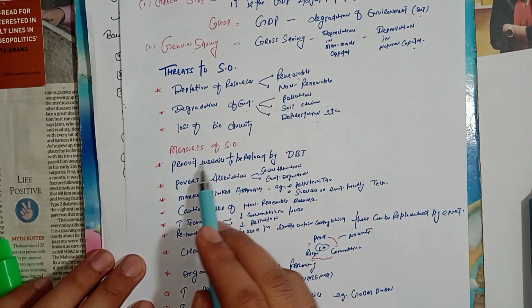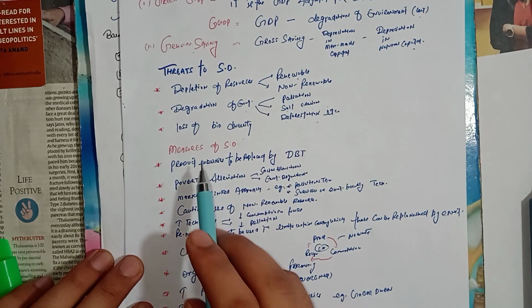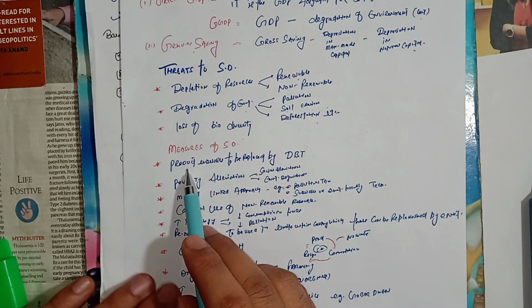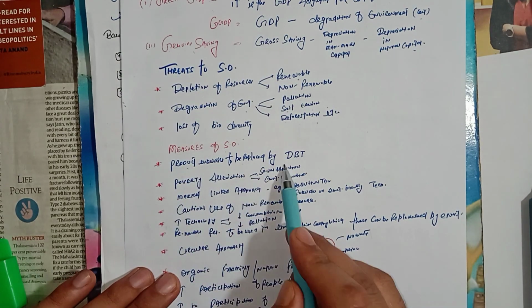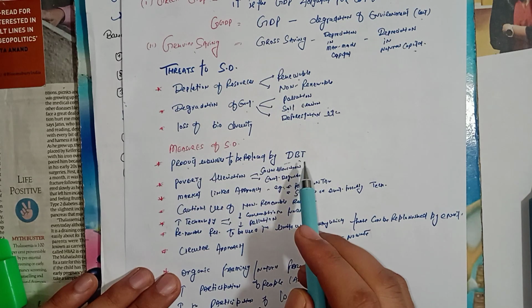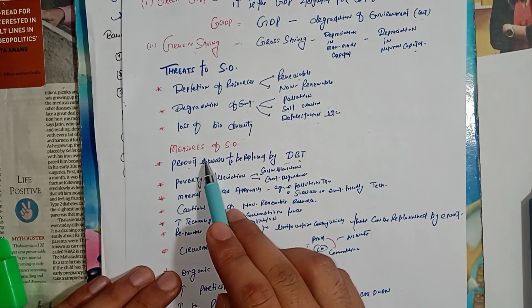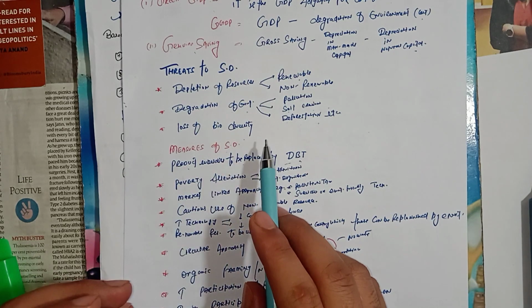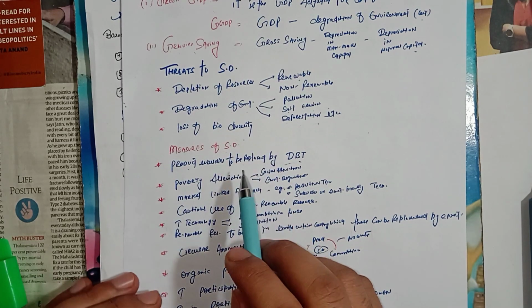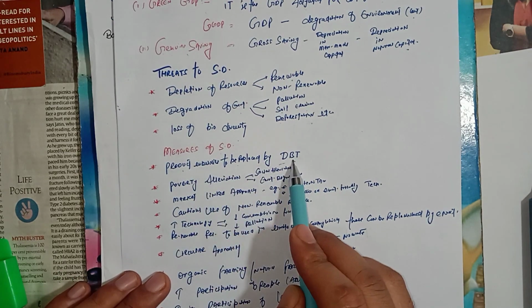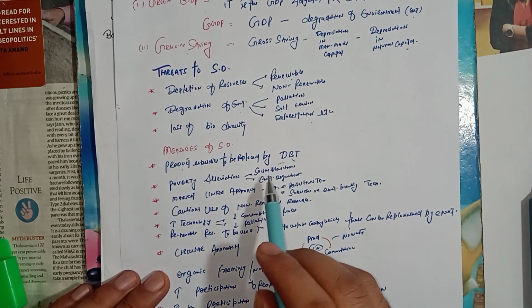Measures of sustainable development. So how could we ensure sustainable development? Product subsidies to be replaced by DBT, direct benefit transfer. These product subsidies lead to overconsumption or depletion of resources, so they should be replaced by direct benefit transfers.